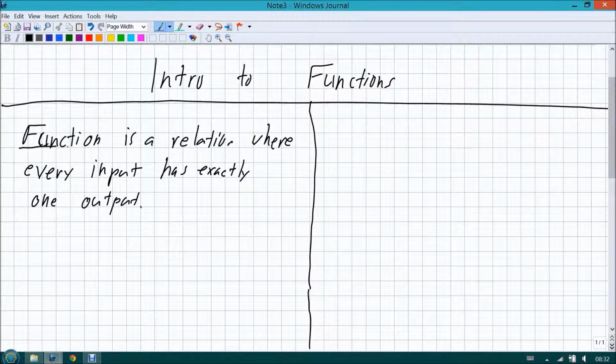A function is a relation where every input has exactly one output.